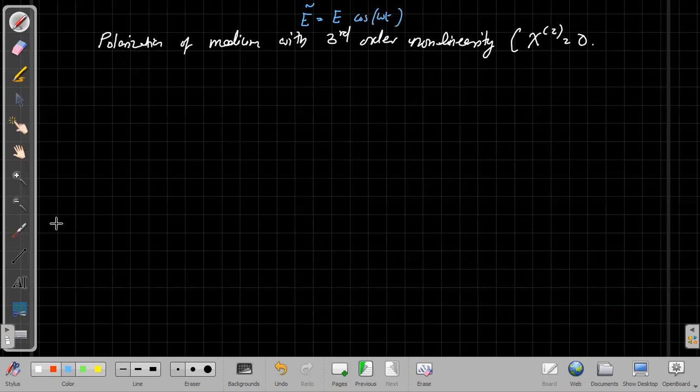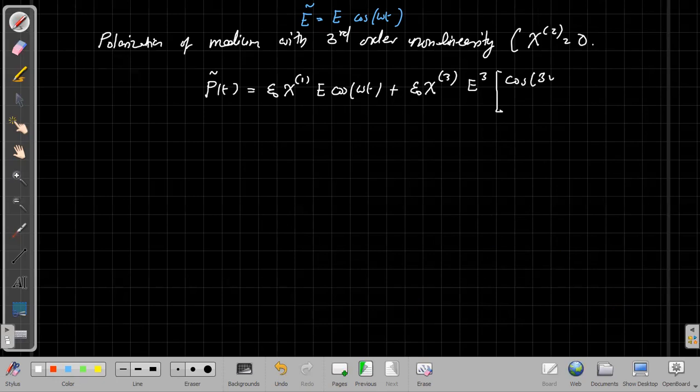Recalling the previous result, P of t is the linear polarization, epsilon 0 chi 1 E cos omega t, plus epsilon 0 chi 3 E cube times cos of 3 omega t plus 3 cos omega t, all divided by 4.